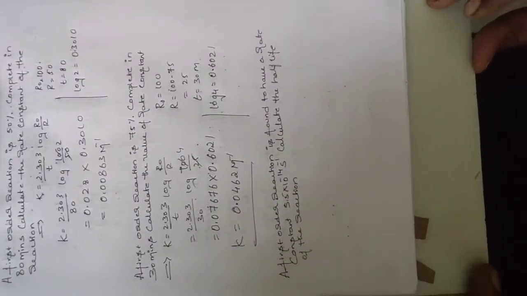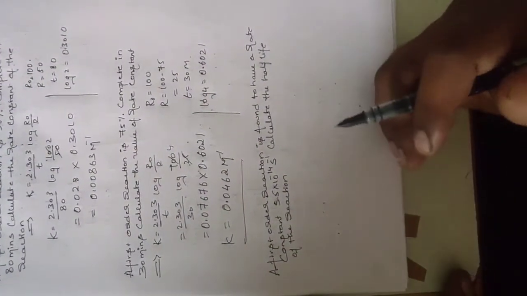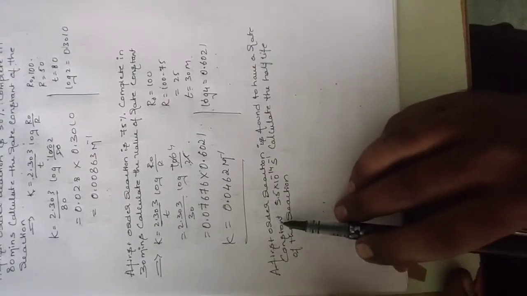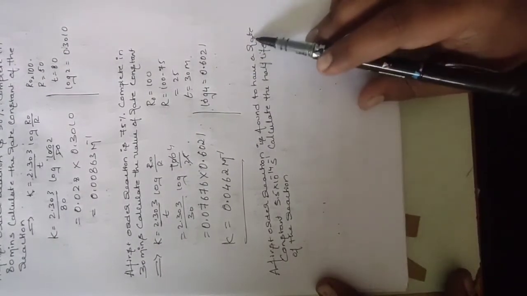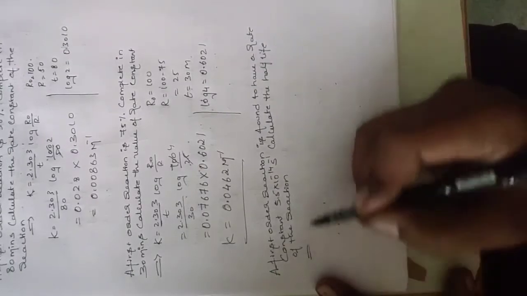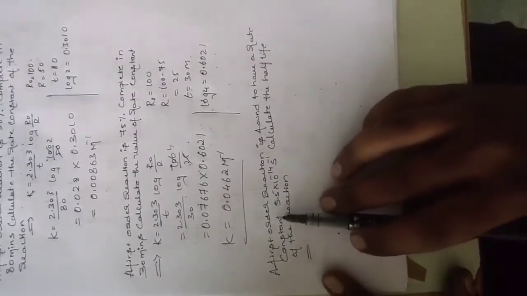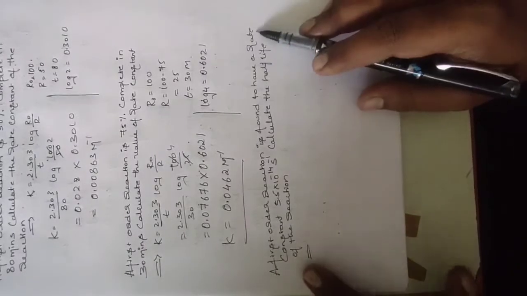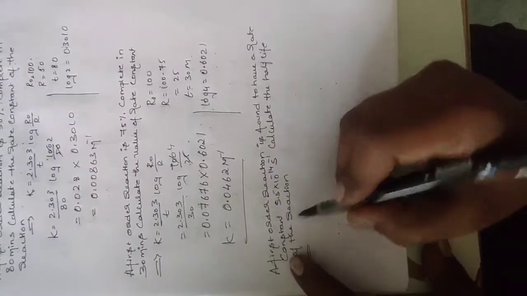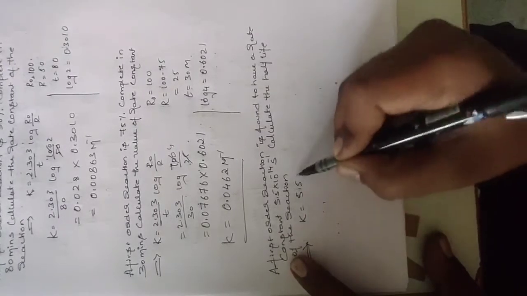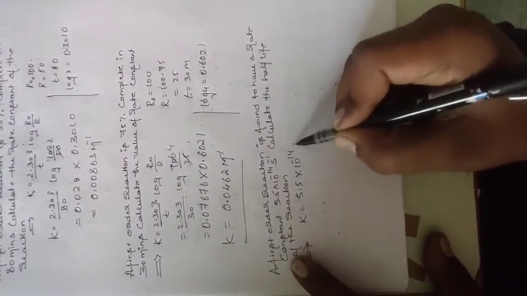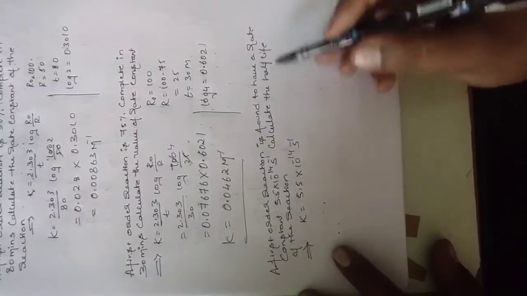Next, a first order reaction is found to have rate constant K equal to 5.5 into 10 to the power of minus 14 per second. Calculate the half-life period.